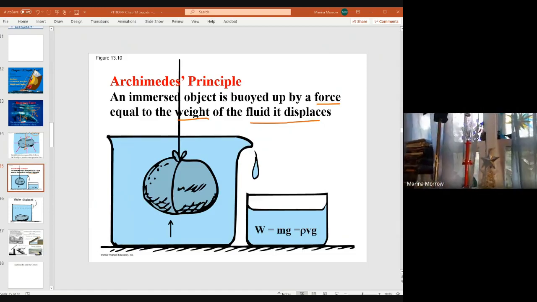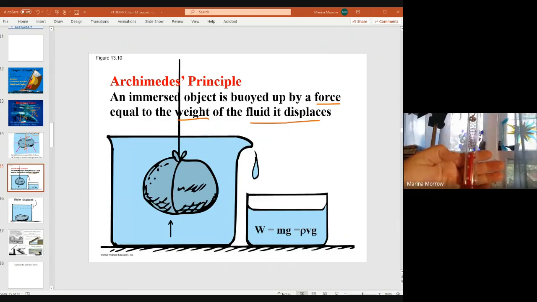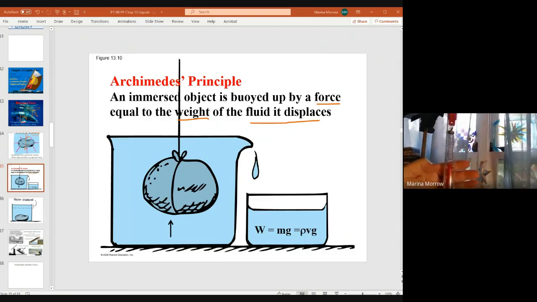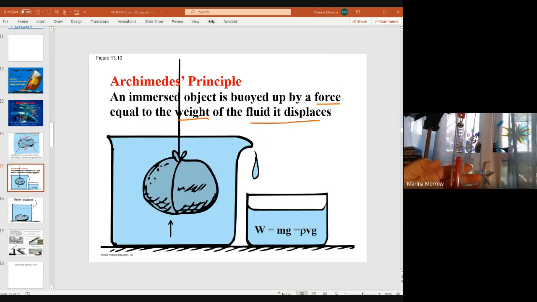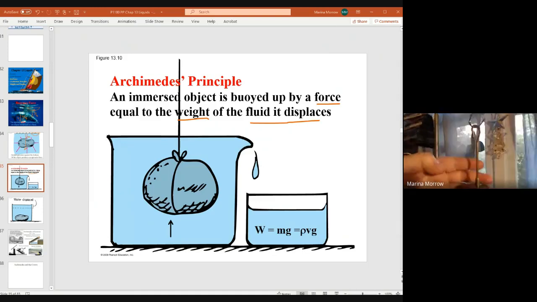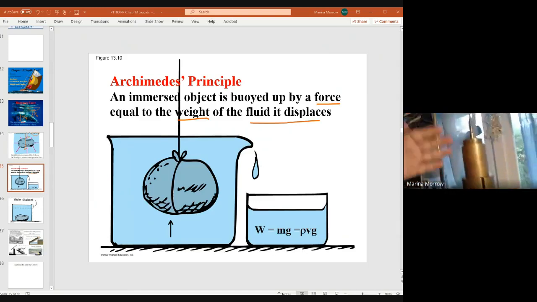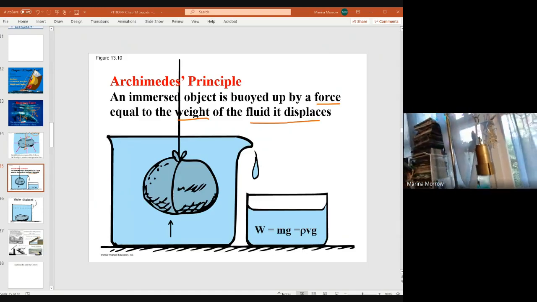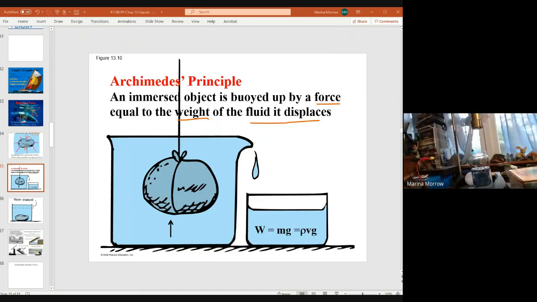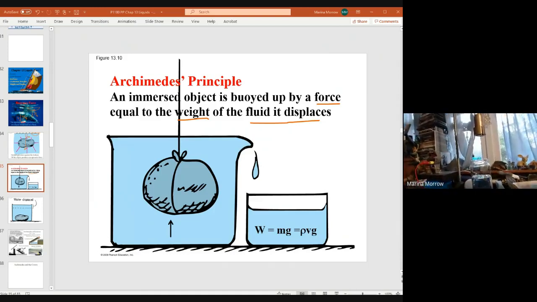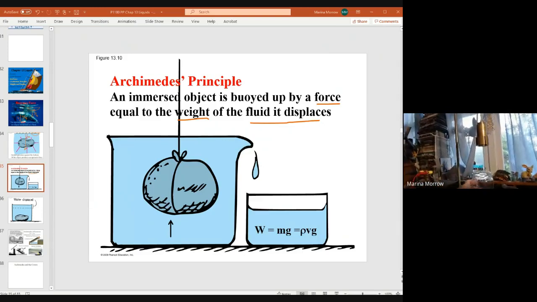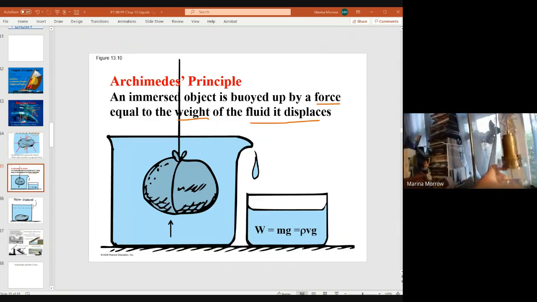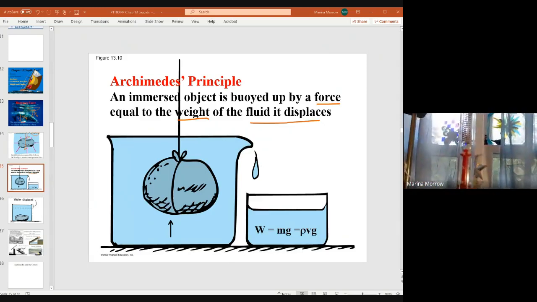And so the scale says that it's at 10 newtons of force, okay? Which is what you'd expect for 1,000 grams, 1 kilogram. And what I'm going to do is I've got a jar of water here, and I'm going to bring that up and immerse the weight. And you're going to keep an eye on the scale.